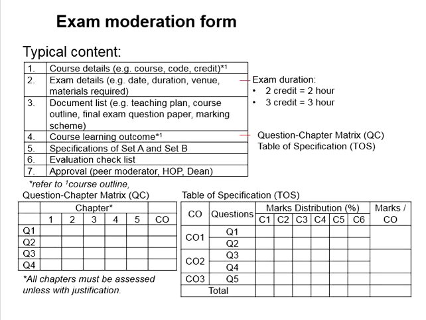Among the acceptable justifications, certain chapters are more appropriately assessed using other assessment methods, such as the assignment, practical tests, or other evaluations. There should be justifications if relevant chapters are not being assessed.